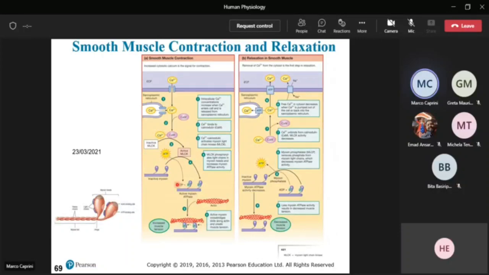When the ATP is present and the phosphorylation of the myosin light chain happens, the myosin head has the 90-degree angle. So now the myosin head is able to power stroke the actin and move the two filaments and increase the muscle tension.